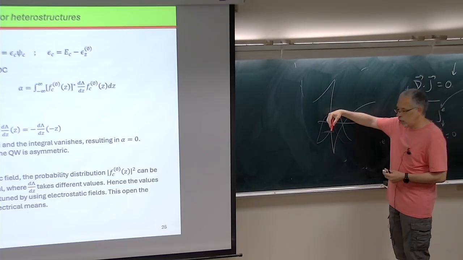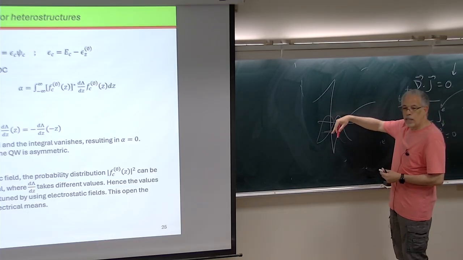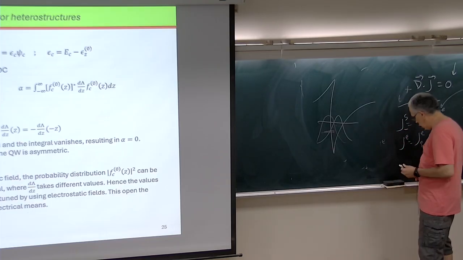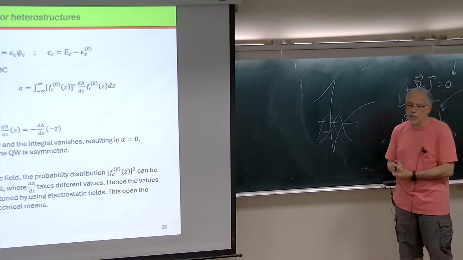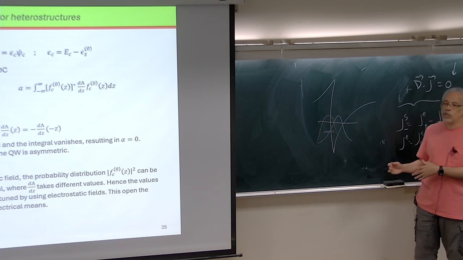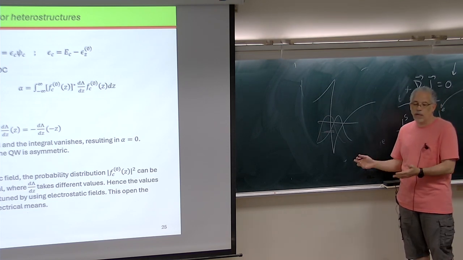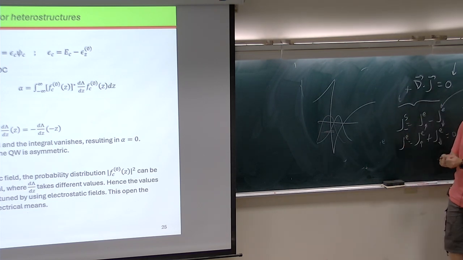I can push them less, and then the alpha will be smaller. So I can control the amplitude of this spin orbit coupling electrically. And this is a huge thing for spintronics, because then you don't need to rely so much on magnetism or magnetic fields. You can control the spin electrically. Okay. That is all the story.